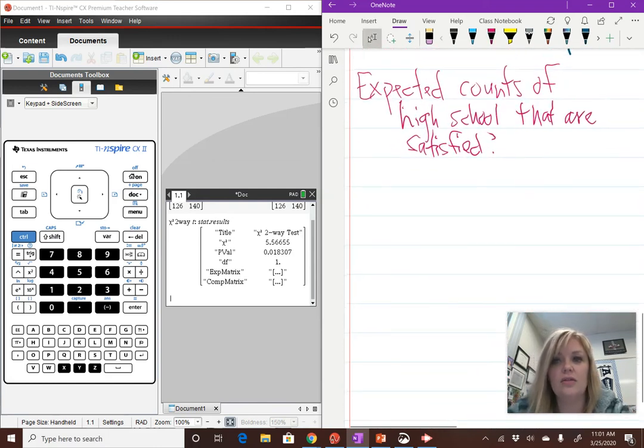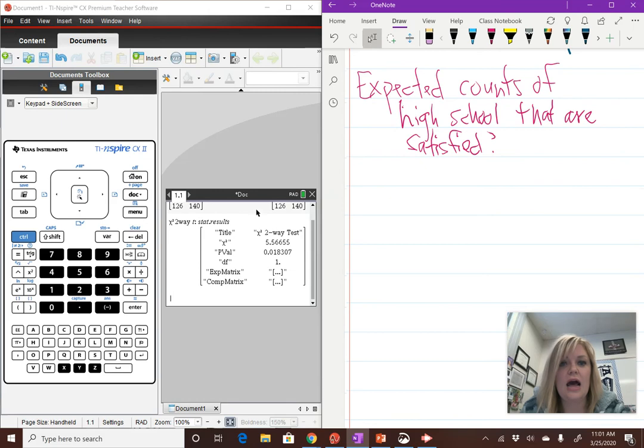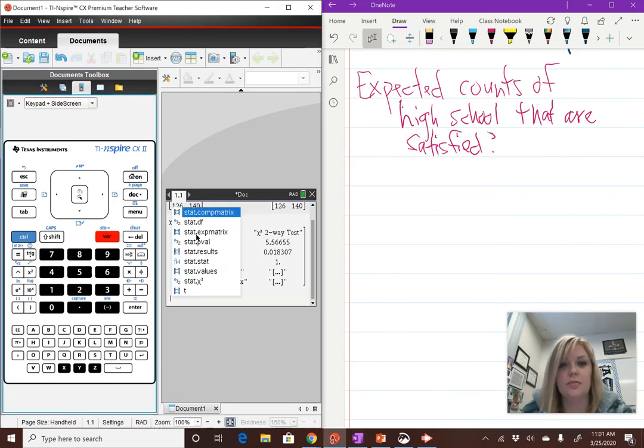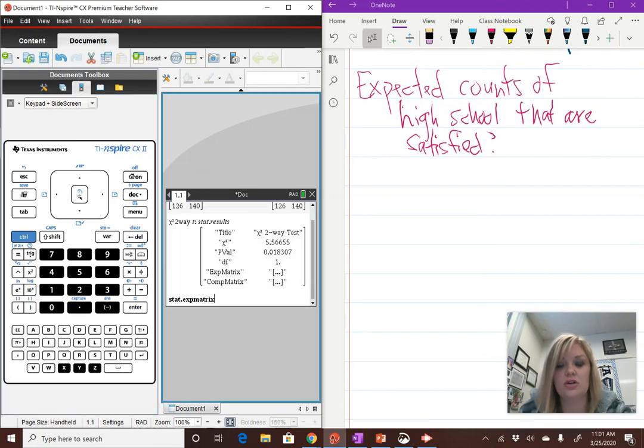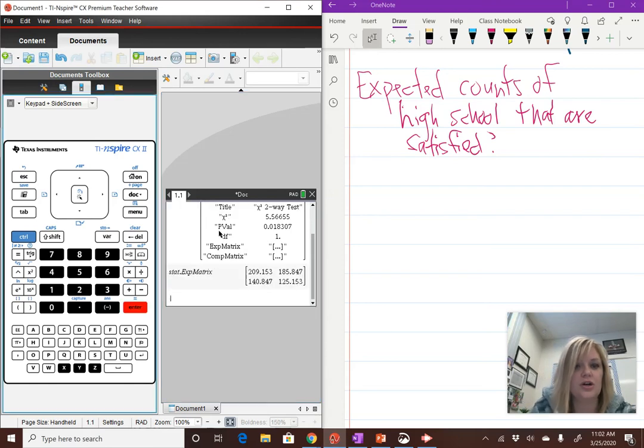The other way, in the calculator, now that we actually have done this test, all you need to push is VAR for variable, and then stat.expected matrix. Okay, so variable, then stat.expected matrix, hit enter, and there's your expected counts for each cell.